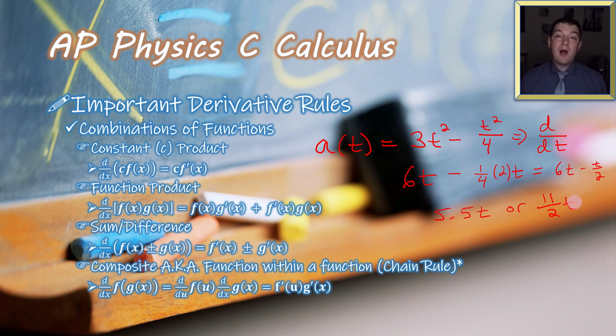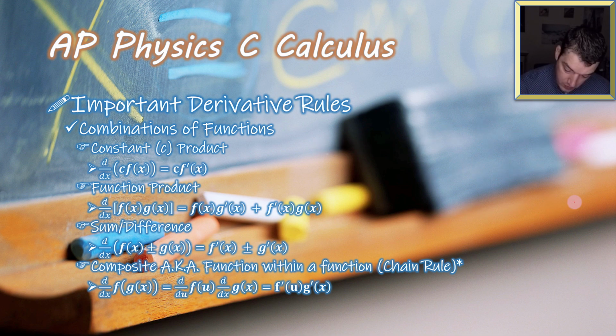Finally, let's look at the composite or the chain rule. F of x, that's equal to the natural log of 2x to the 9th. In this case, we see the function within the function. The external function is the natural log, while the internal function is 2x to the 9th.